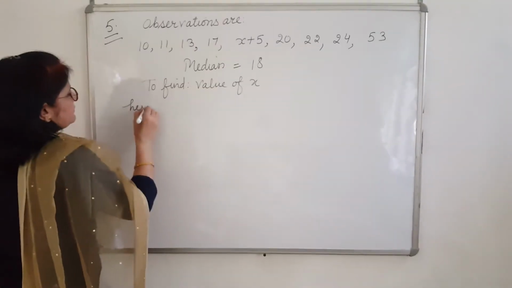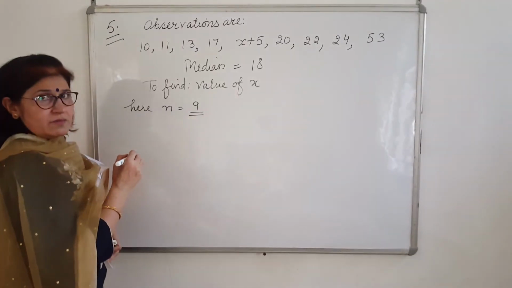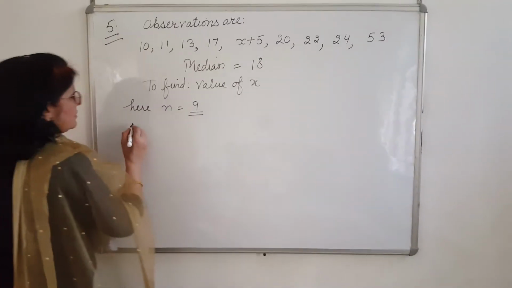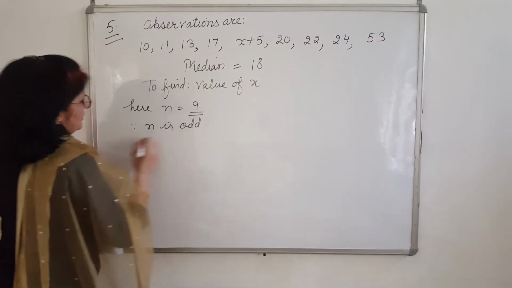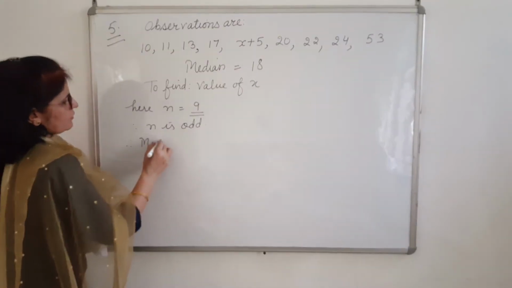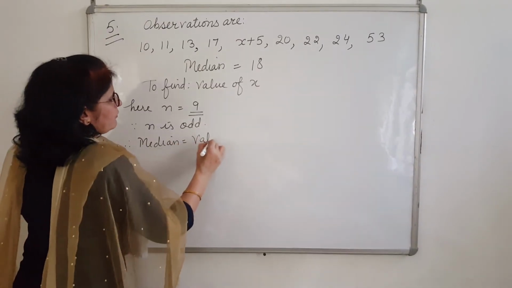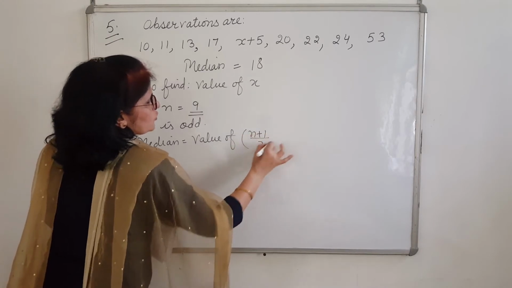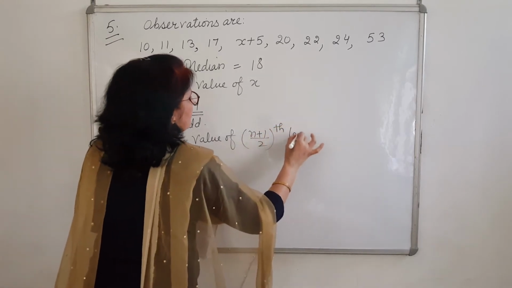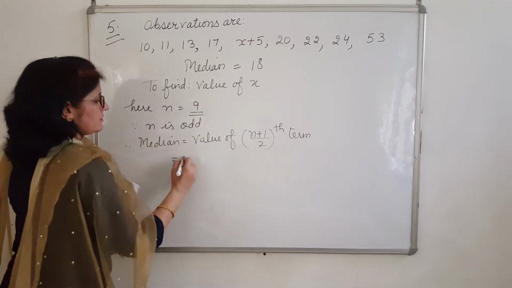Here n is equal to 9, which is an odd number. Therefore median is equal to value of (n plus 1) over 2th term. n is 9. We substitute here.